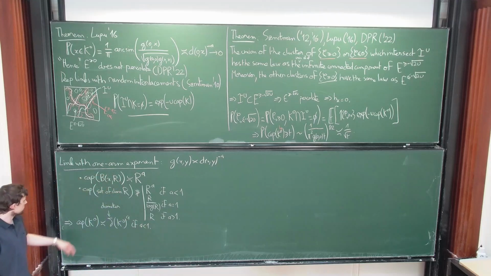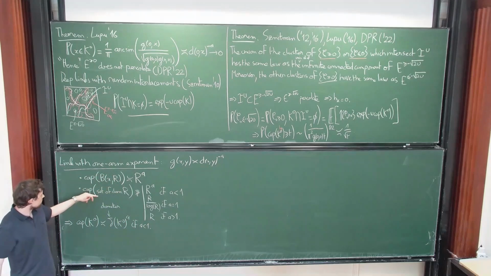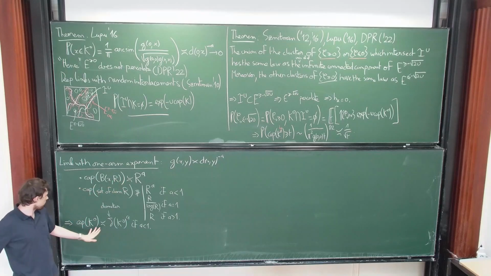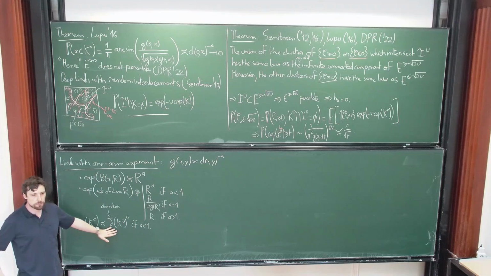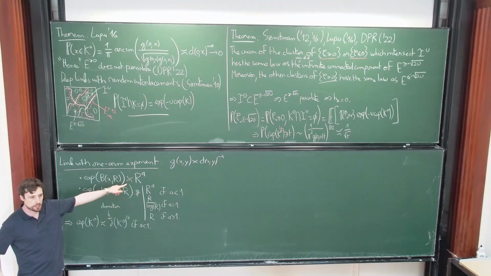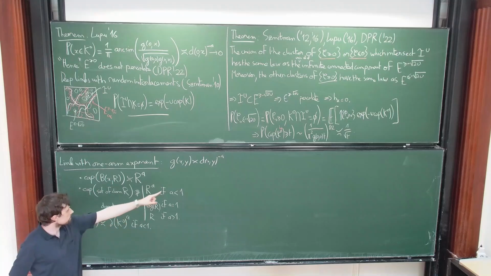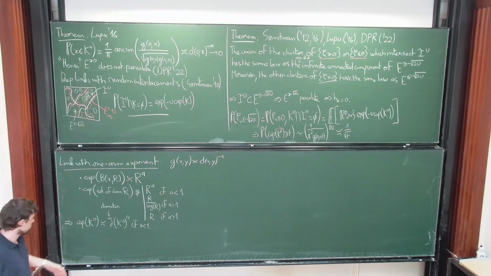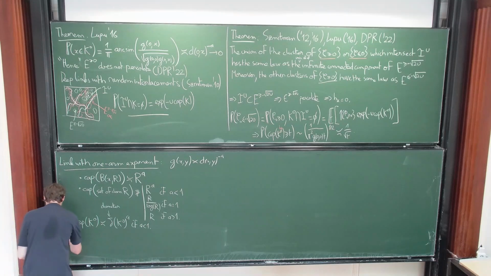And so in the case a is smaller than 1, if I know that I have diameter r, it doesn't matter if I'm the full box or if I'm just a straight line, I still have the same capacity, and this capacity is just my diameter to the power a. This is what this is telling me. So once I know my capacity, I know my diameter, in this particular fractal case.